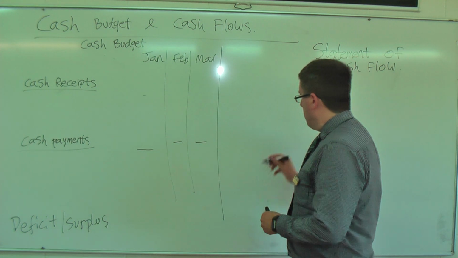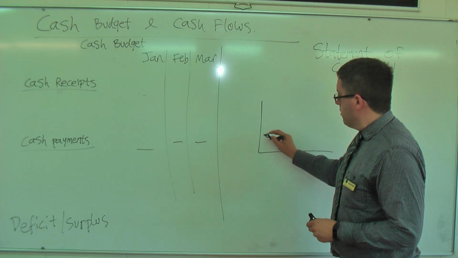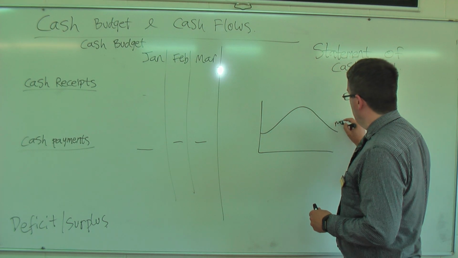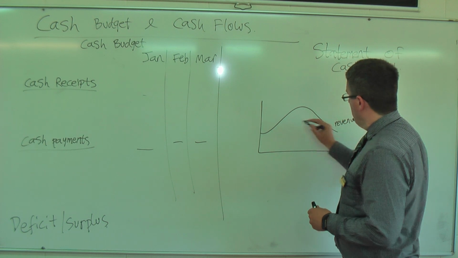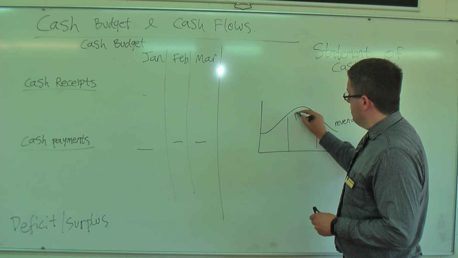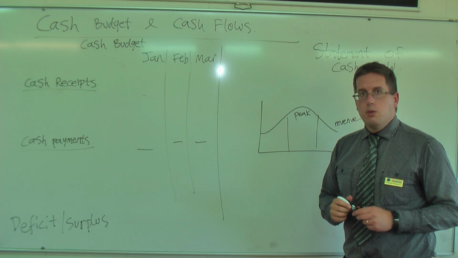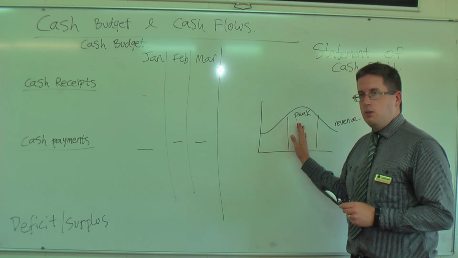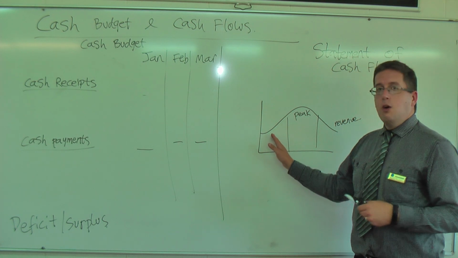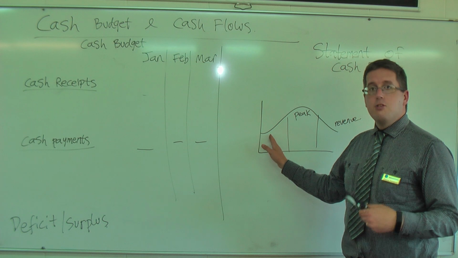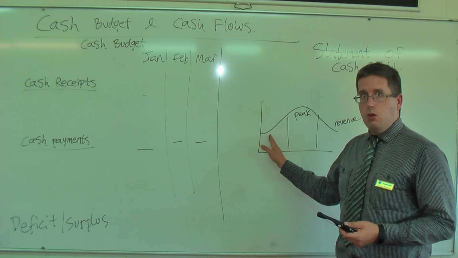Now, important thing is that the hotel industry is quite unique because you do need cash budgeting. Because very often, if we have a look at revenue for a hotel, you do have a peak season or a busy season, and that's when revenue goes up. In the off-peak season, very often this is the time that cash deficits can occur.